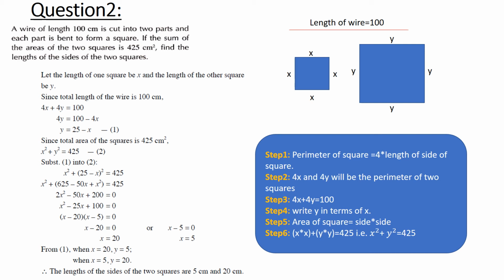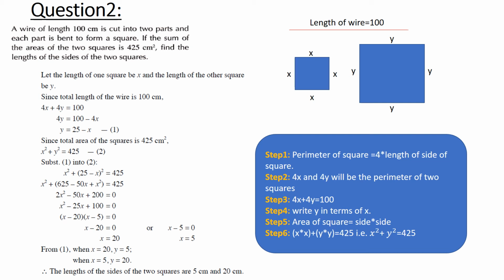Now in the second part of the statement it is also given that the sum of the areas of the two squares is 425 centimeter square. So now we will make an expression in terms of their areas. Here the area of the first square will be side multiplied by side, that is x multiplied by x, it will give you x square.